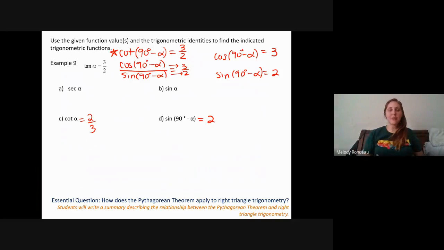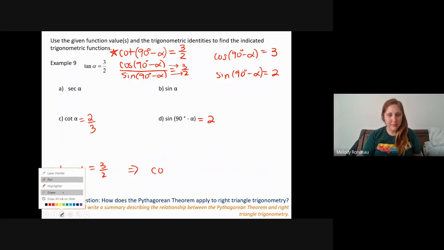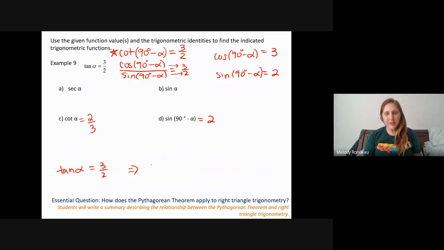And I'm going to go back to tangent because I'm trying to figure out what sine of alpha is and what cosine of alpha is. So if I go back to tangent alpha, you can see it's a lot of playing with numbers. I'm going to rewrite this as, not cotangent, excuse me, tangent. We can rewrite as sine over cosine, and then I get 3/2.